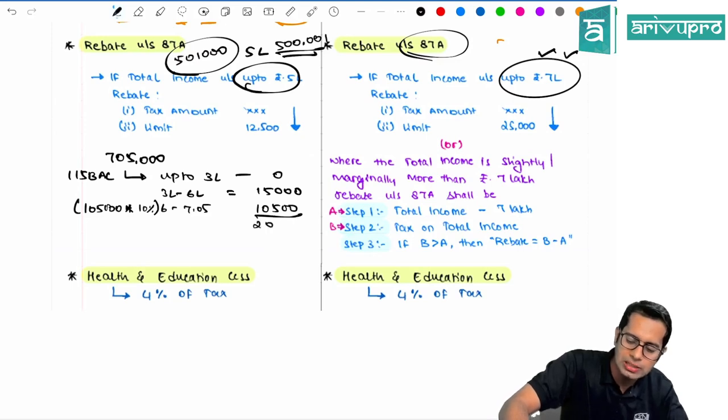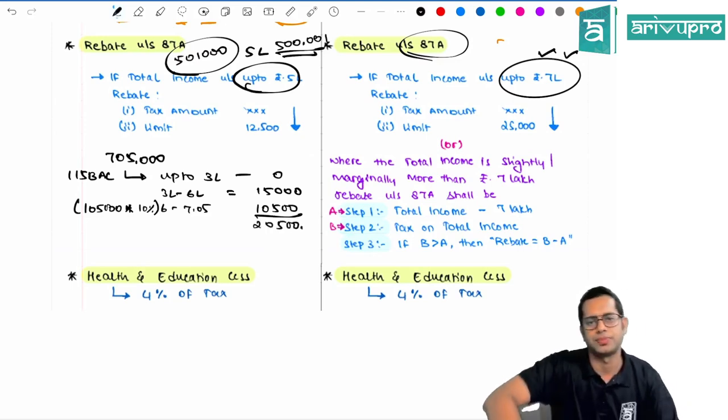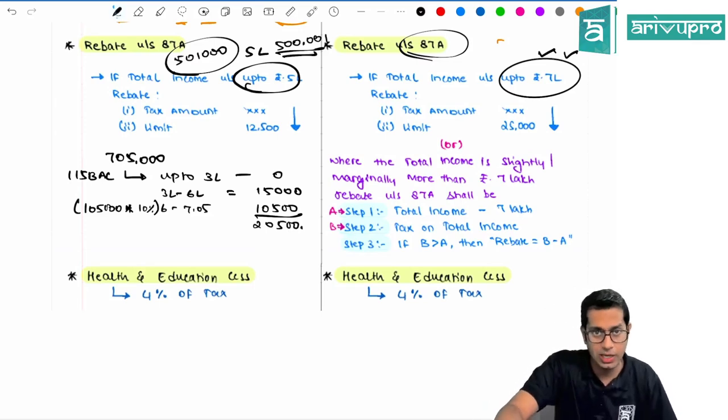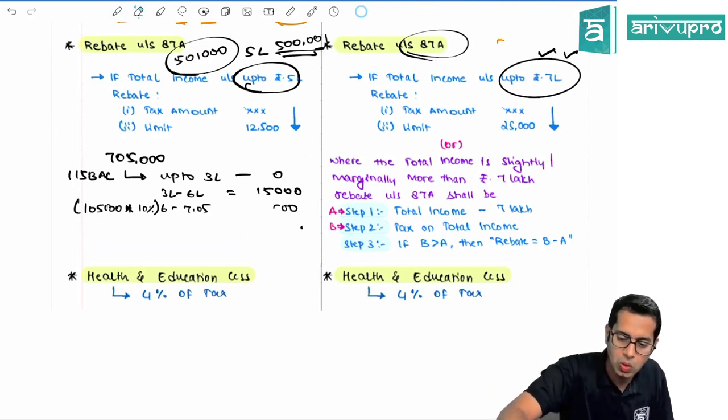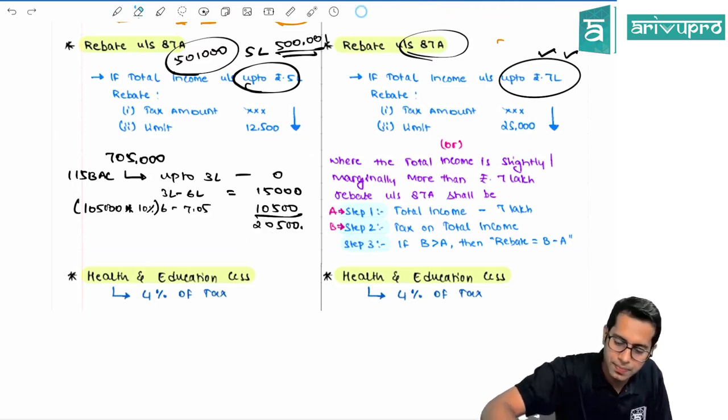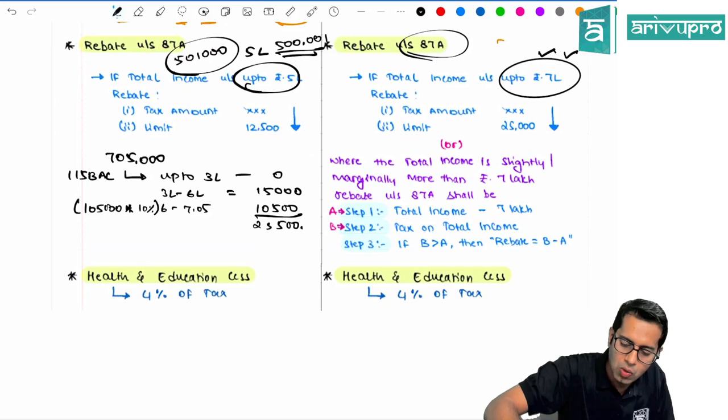So my total tax liability is 25,500 rupees. Now what are they telling?